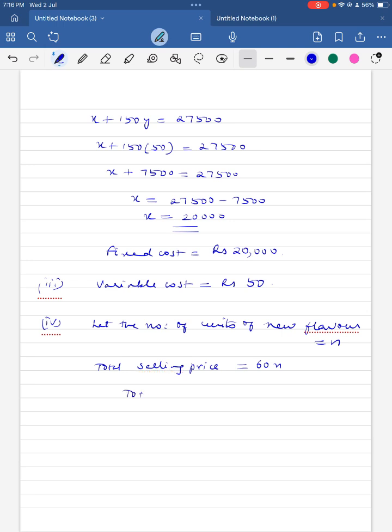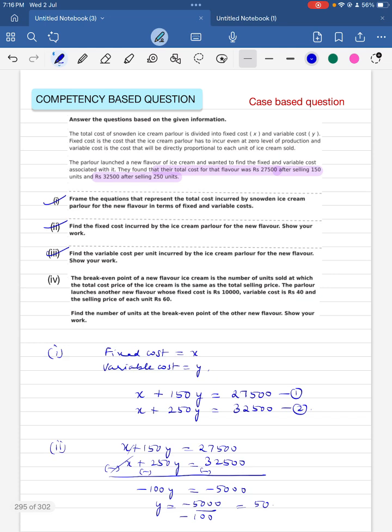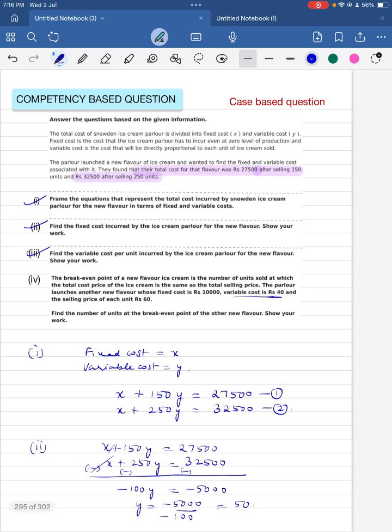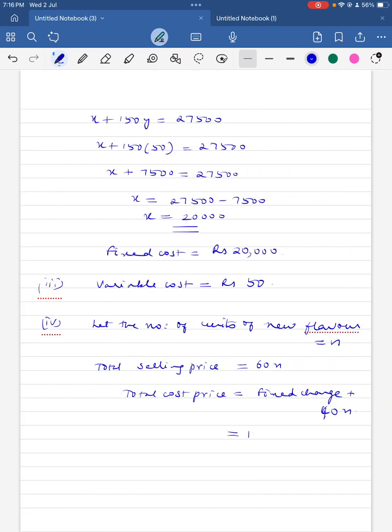And the total cost price will be equal to the fixed charge plus 40 times the number of units. Okay, why is it 40 times the number of units? Because the variable charge is given to be 40 rupees here. And the fixed charge is 10,000. So let me substitute 10,000 plus 40N there as the total cost price.